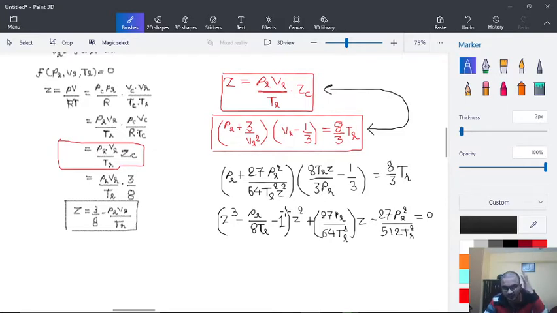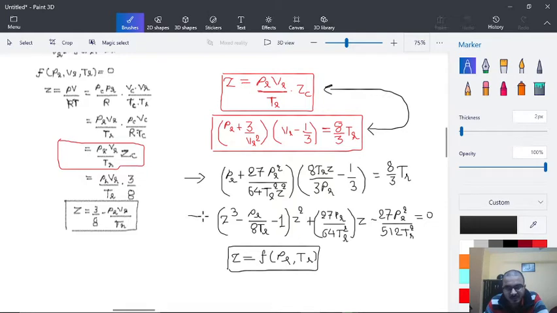If you see carefully, the terms present are Z, PR and TR only, so Z is only a function of PR and TR. Only these two things we have written directly in this lecture, and we need to accept them. This is the end of our previous theory, the law of corresponding states.